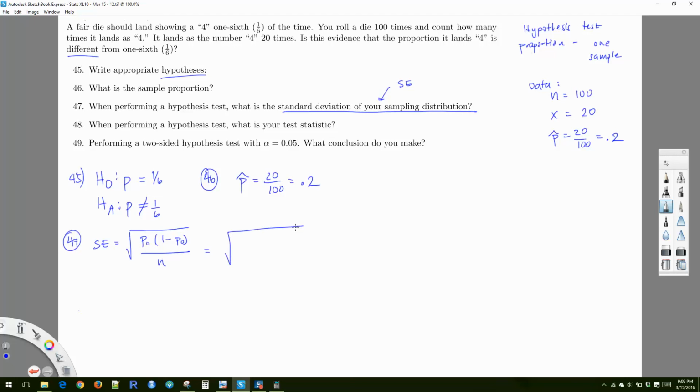It's not 0.2. So I've got 1/6 times 1 minus 1/6 divided by 100. You can enter it as 1/6 in your calculator, or turn it into decimals if you want. It shouldn't make a big difference. So this is what I get for my standard error.